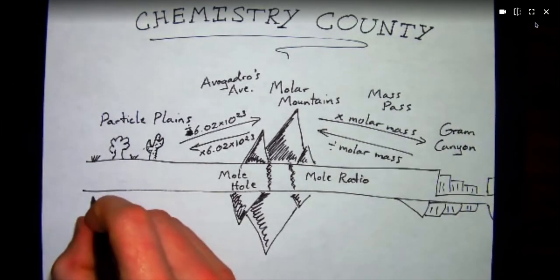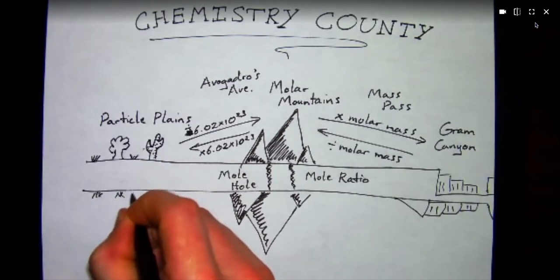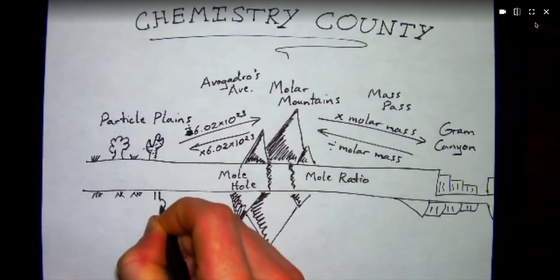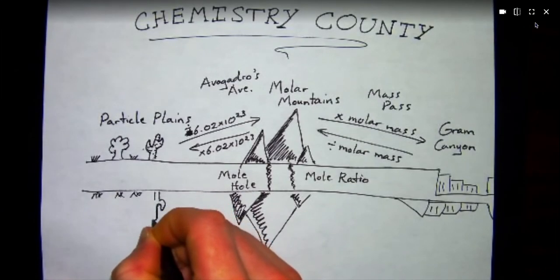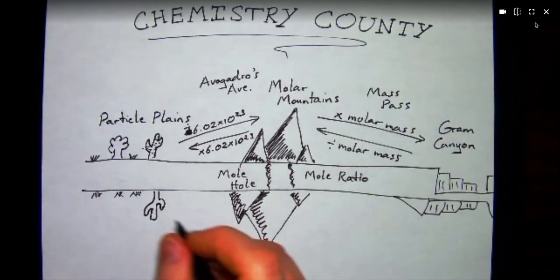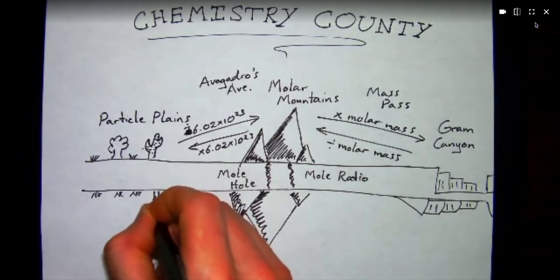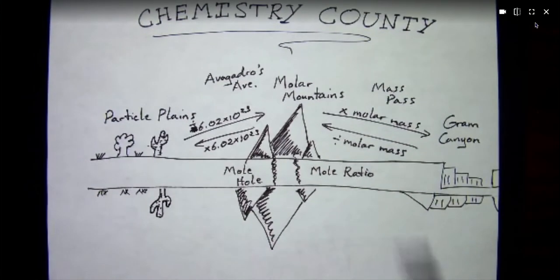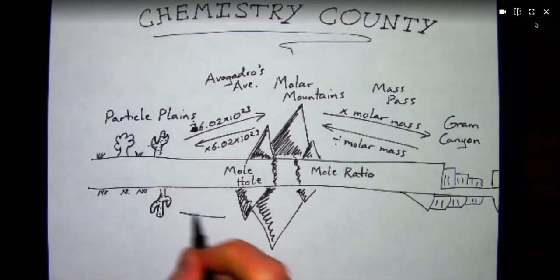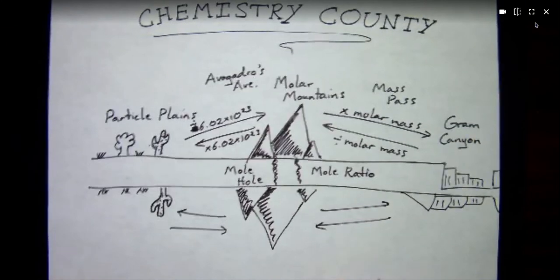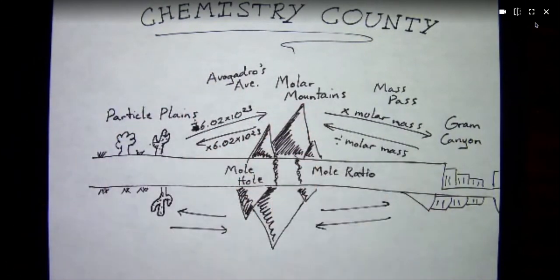You've got the particle planes over here with an upside down cactus. I don't think those are my strength. And you can now convert between all of these things for that new substance, right? So, for the sake of your time, I'm not going to write down all the numbers. But basically, this is Chemistry County.